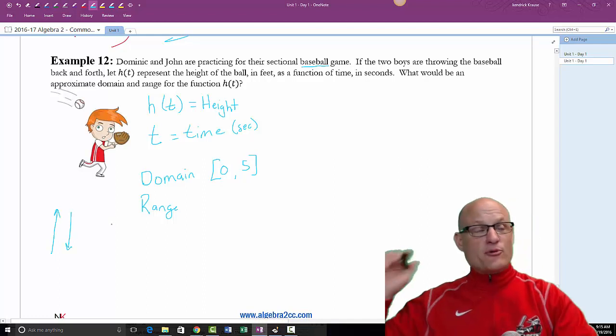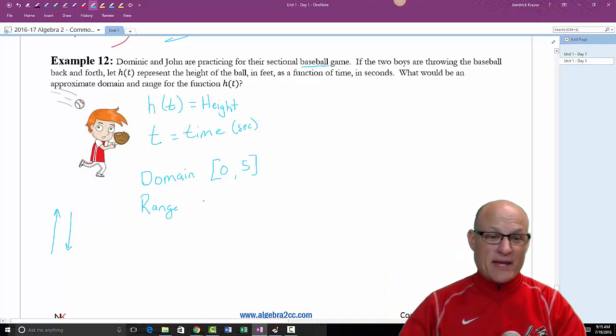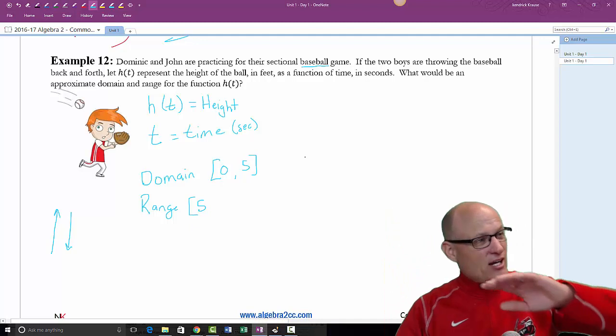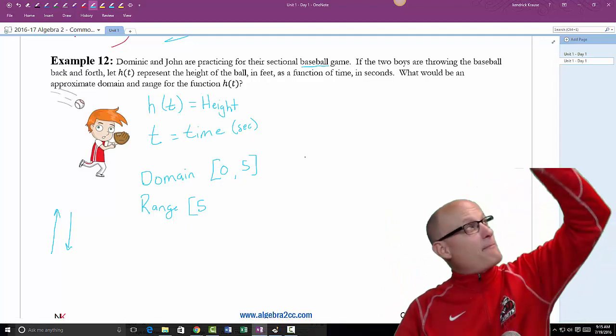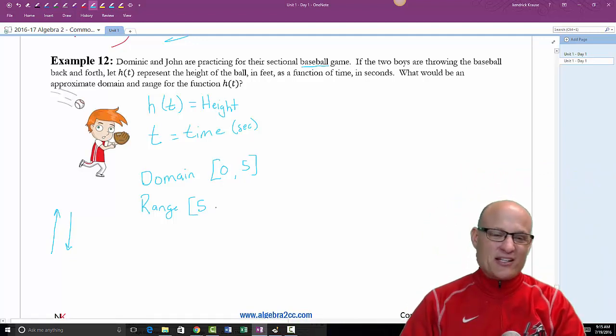Okay, so range. Range is, in this case, the y value, how high up and how far down it can go. Well, if I'm throwing a baseball and I'm starting here, if you have a short guy, maybe the shortest guy throwing a ball, leaving his hand would be 5 feet. That would be a really young kid throwing the ball, maybe 5 feet in the air. And I could throw a line drive, which would mean it'd stay at 5 feet, or I could throw a really high popper in the air and it could come down. What's the highest a kid can throw a ball?